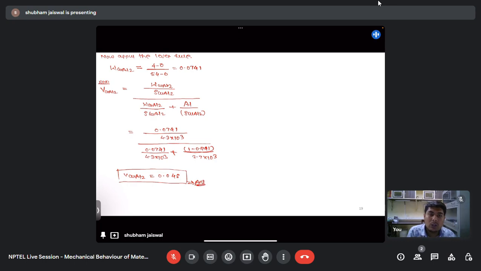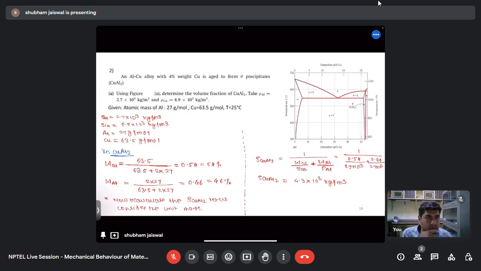Okay, so did you get how I solved it? Any doubts in this? So first, we calculated the weight fraction of copper and aluminum in CuAl2. Then we found the density of CuAl2.